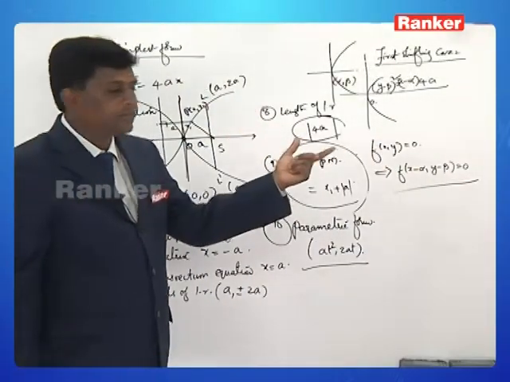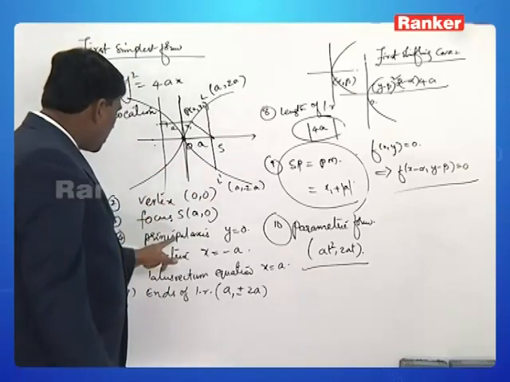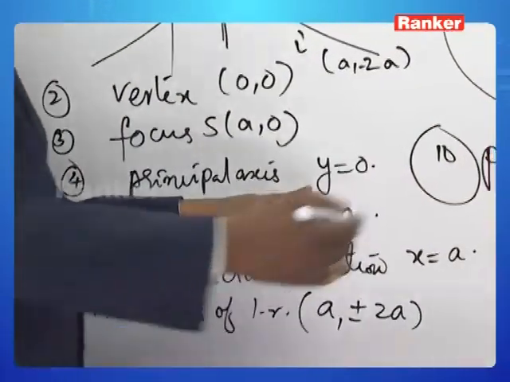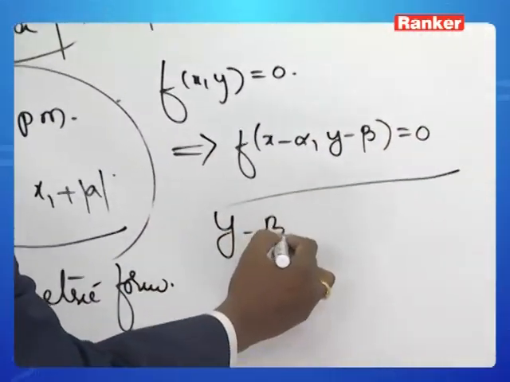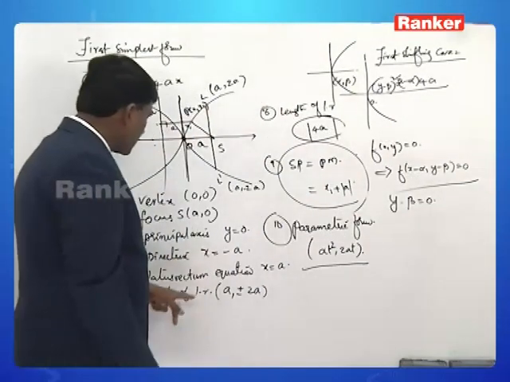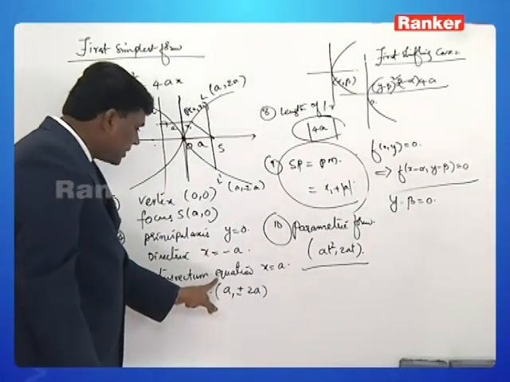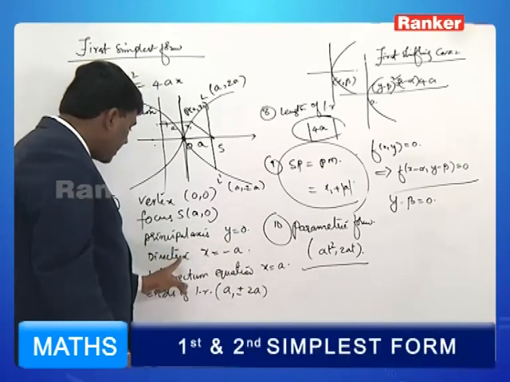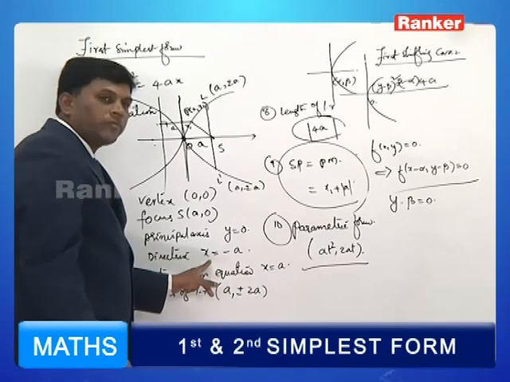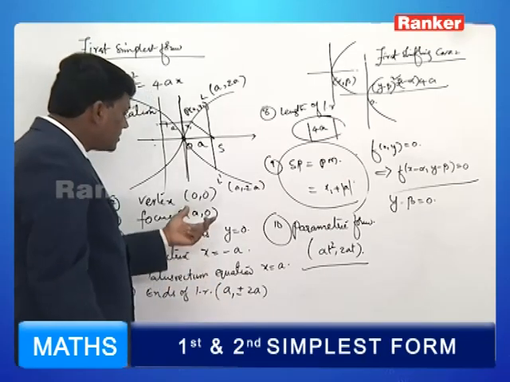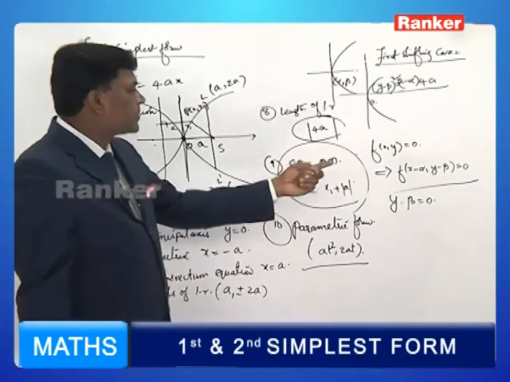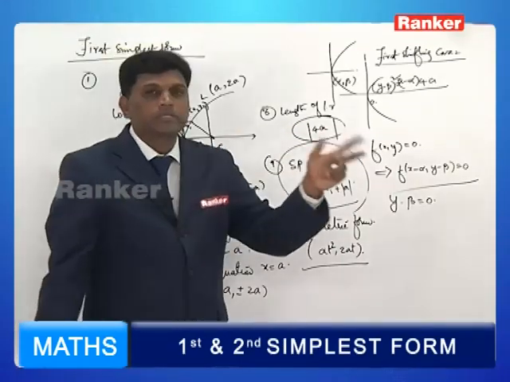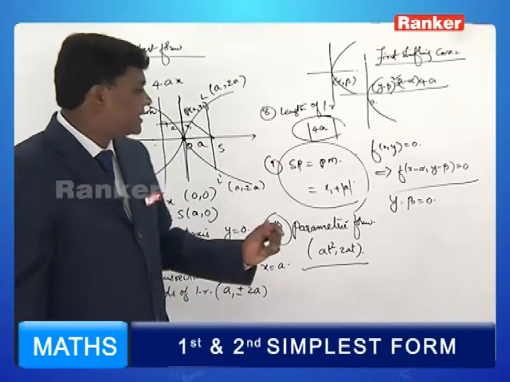Standard form will come. For example, you want principal axis. Actual principal axis is y equal to 0. Now written as y minus beta equals to 0. If you want the latus rectum equation, x minus alpha equals to plus a. Directrix equation, x minus alpha equals to minus a. Like this, all the equation related properties we can write simply by replacing x and y with x minus alpha and y minus beta.